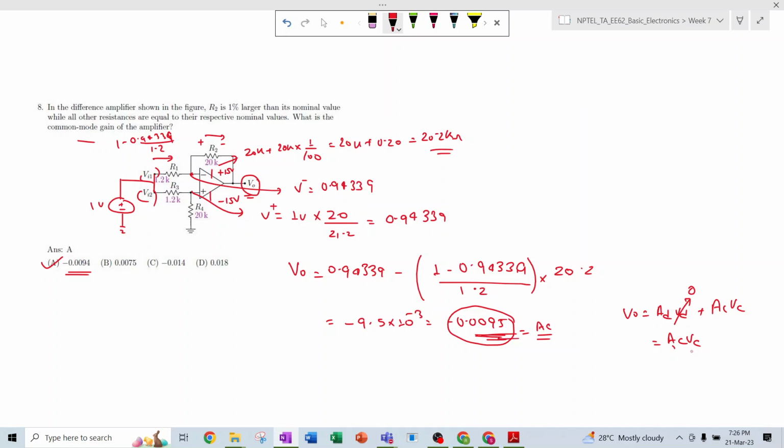Whatever common mode signal appears at both terminals gets multiplied with this common mode gain, and that comes in the output voltage. Ideally the output voltage should be 0 volt, but it will not be 0 volt; a certain amount of voltage will come. This is the meaning of common mode gain or common mode amplifier.